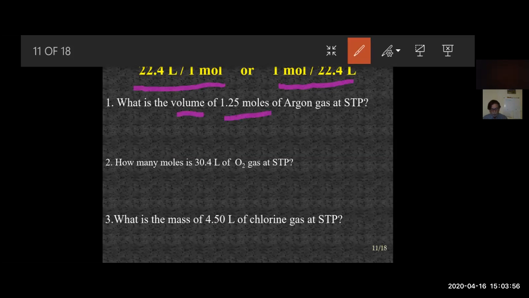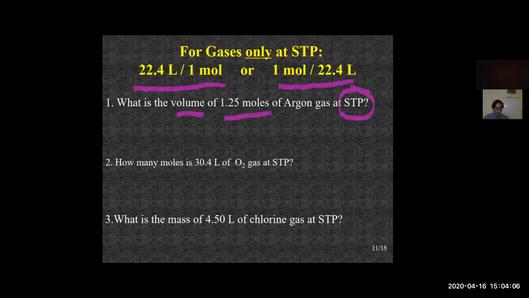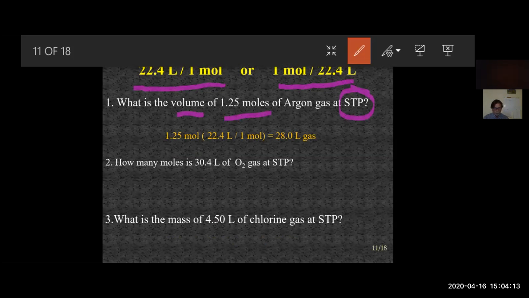And what's important, it says STP. Therefore, we can use that relationship of 22.4 liters per mole. We set the problem up as follows. Again, our moles cancel, leaving us volume, liters. So at STP, 1.25 moles of argon gas will occupy a volume of 28.0 liters.